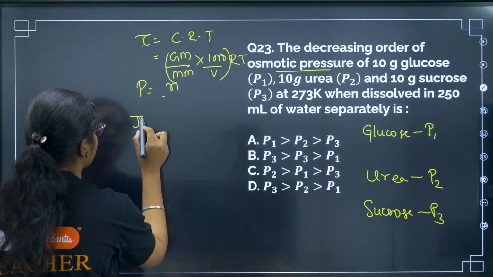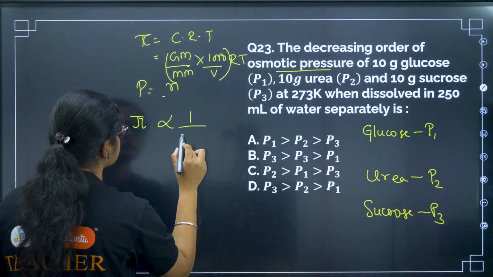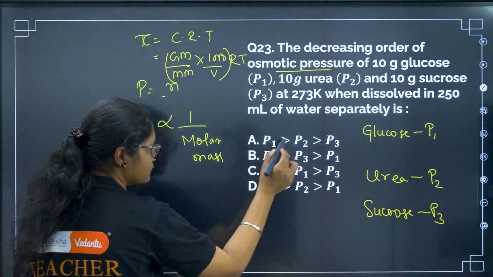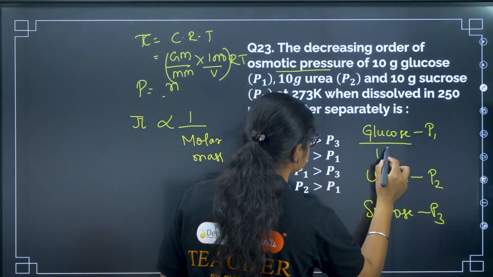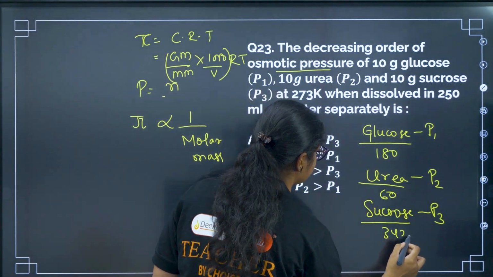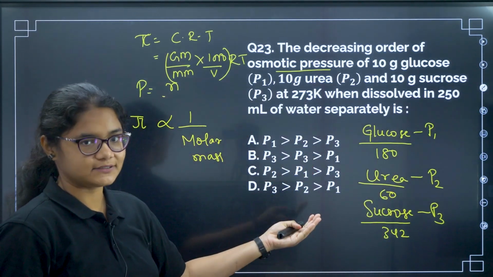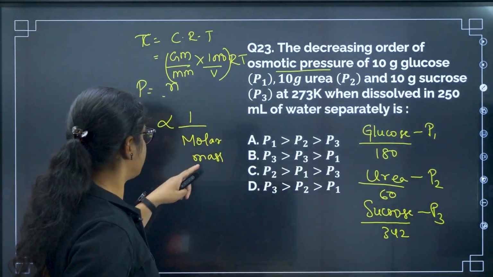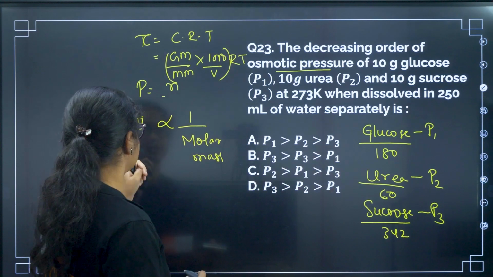So I can say that osmotic pressure is inversely proportional to molar mass, right? So if we see this, for glucose the molar mass is 180, urea 60 and sucrose is 342. These values you could have remembered, many questions are asked from these molecules.